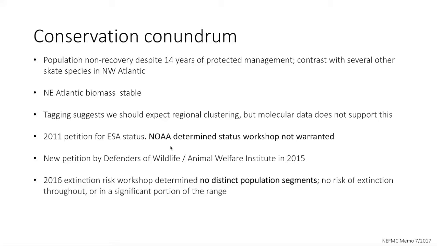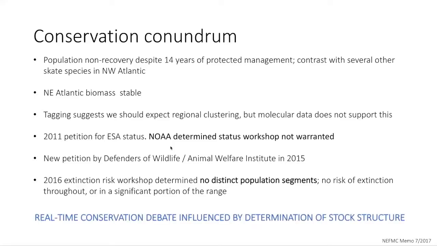And in 2016, there was an extinction risk workshop that determined that there were no distinct population segments that could be identified, and therefore no risk of extinction throughout or in any significant portion of the range. So what we have here is a real-time conservation debate that's associated specifically with the determination of stock structure.